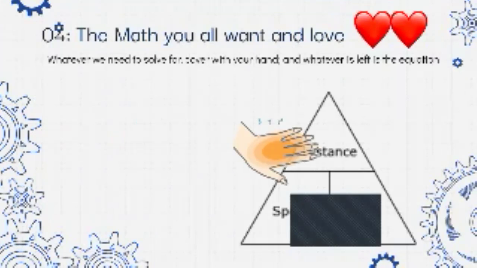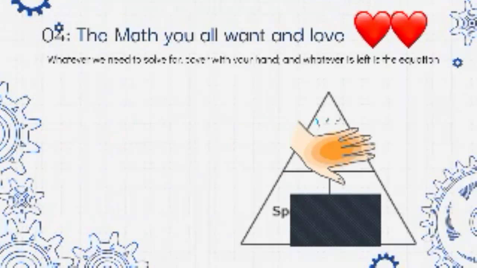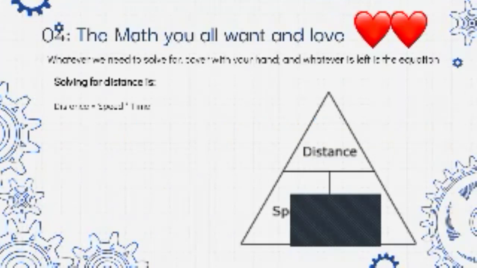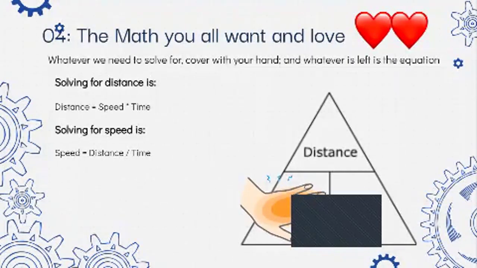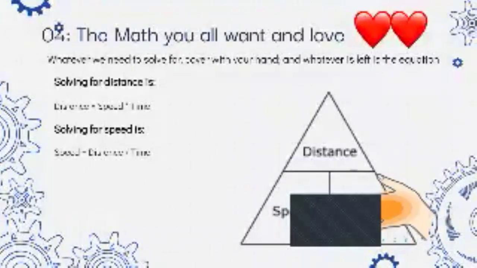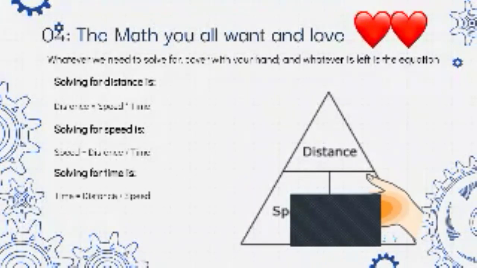So if you are solving for distance, it's going to be speed times time. If you are solving for speed, speed is distance over time. And then if you're solving for time, it's distance over speed.